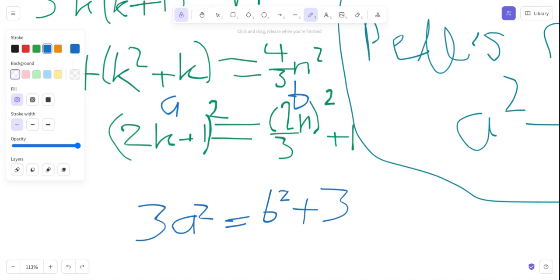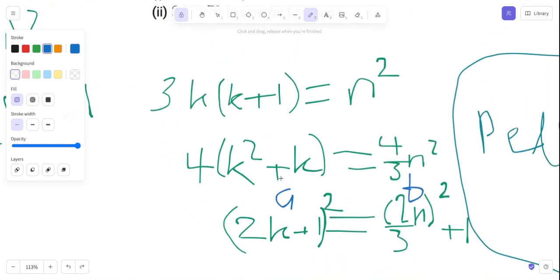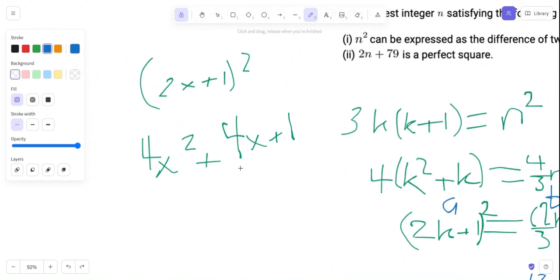Is there any way to get rid of the 3 really easily? I'm thinking.